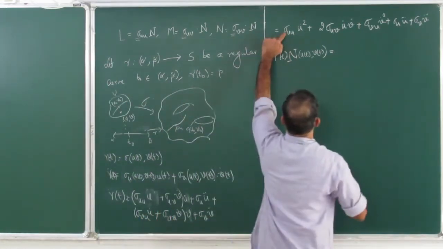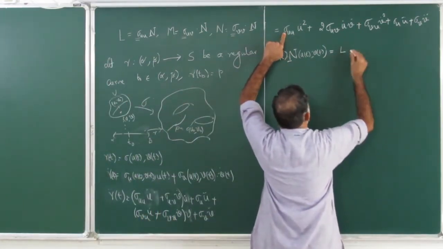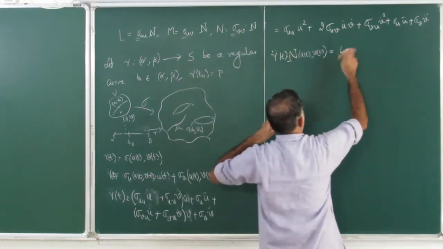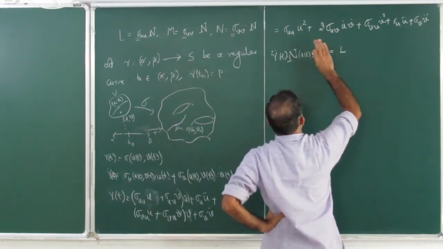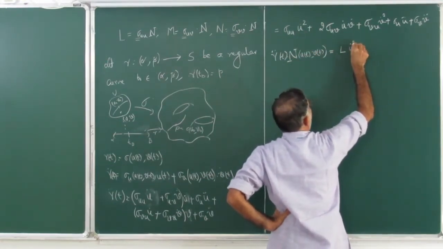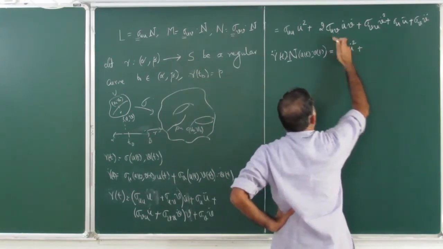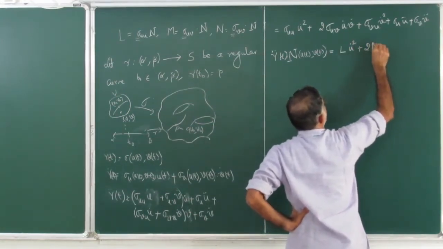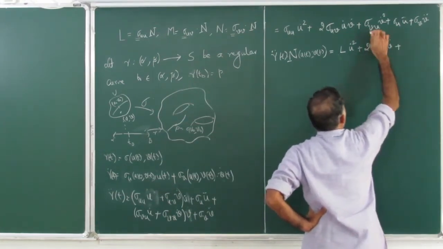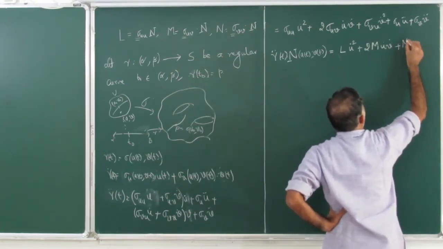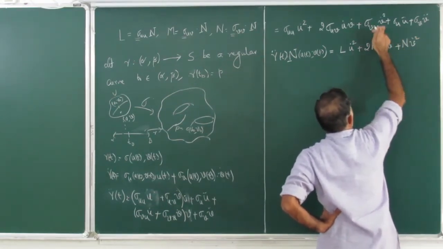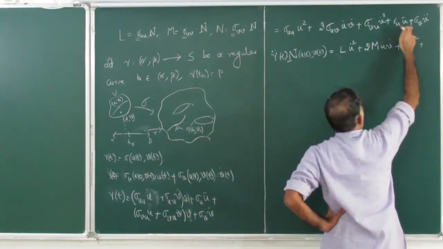If you take the dot product here, what do you get? L, of course at the point u(t), v(t), I am not writing it as it is too complicated, times u dot square, plus 2m u dot v dot, plus n v dot square, this is ordinary n. Plus what is this?